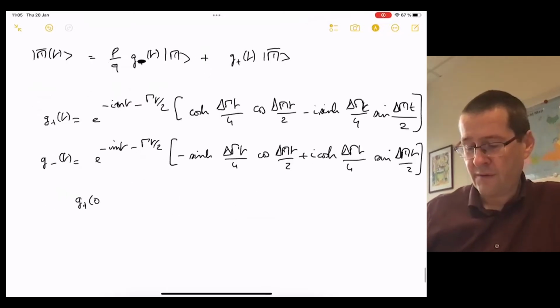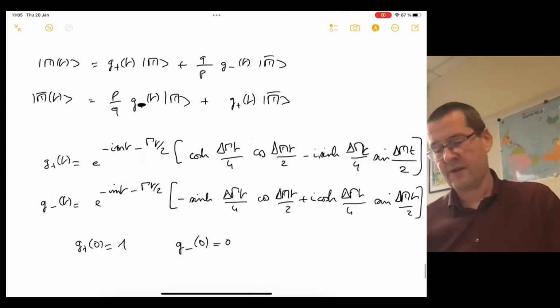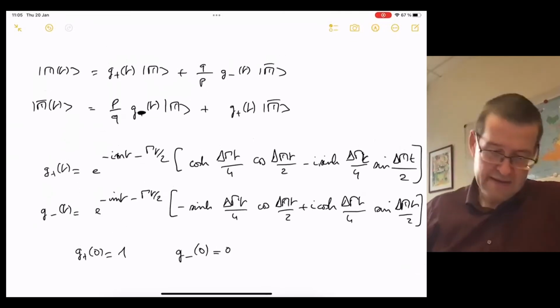With the fact that at 0, one is 1 and the other one is 0, which is exactly what you would expect, because you start from the state and then you decay.